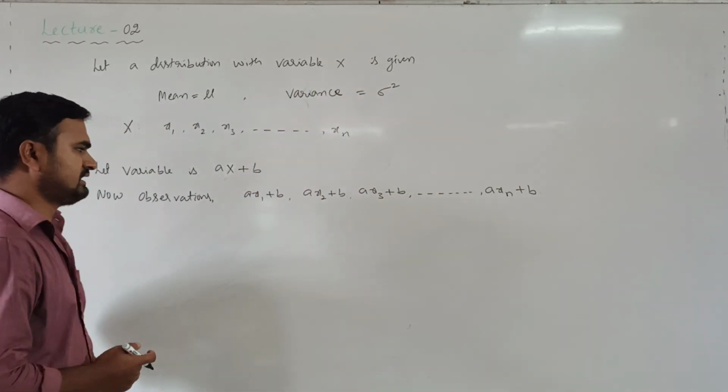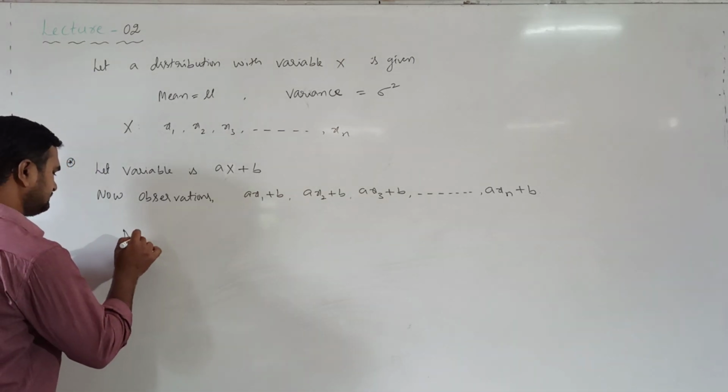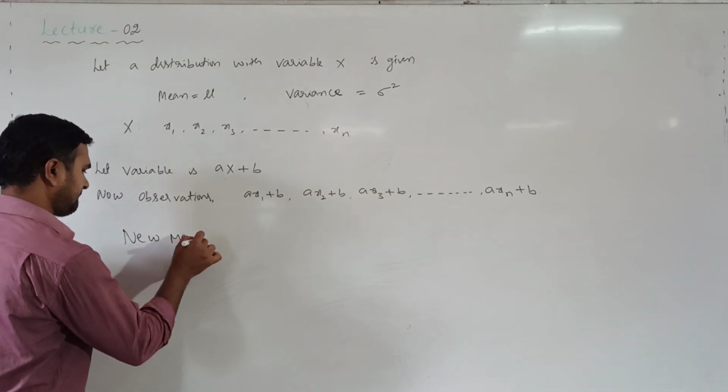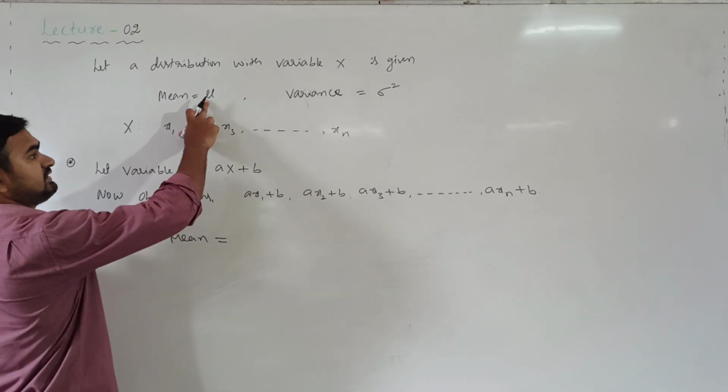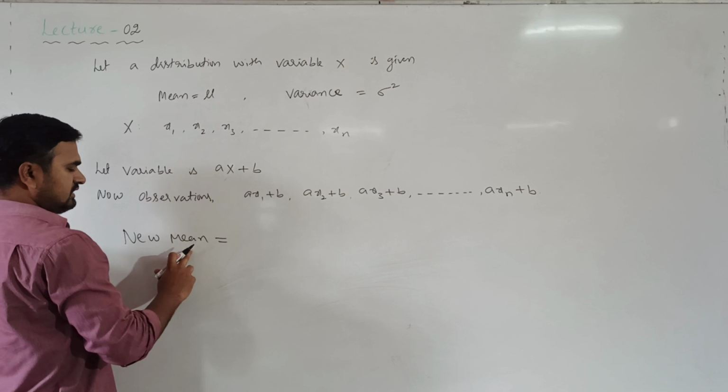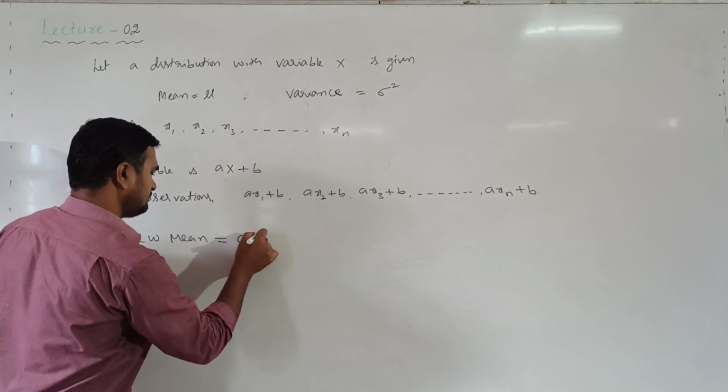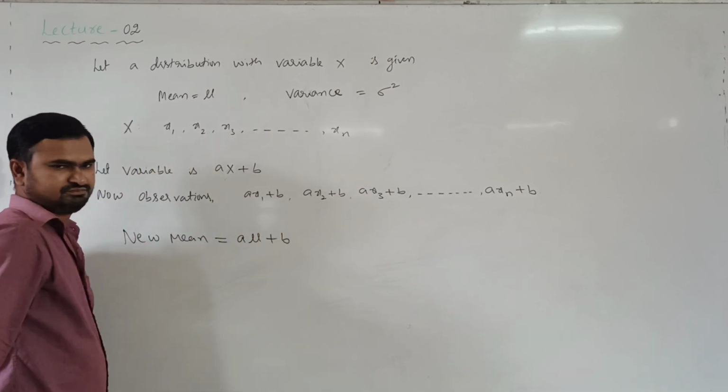So the formula for the new mean: if the original mean is mu, the new mean will become a into mu plus b.